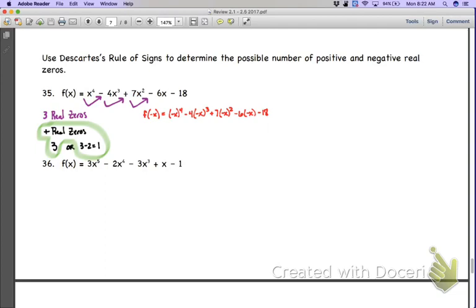Okay, so whenever I do that, negative x to the 4th power, nothing's going to change, because a negative to the even power is still positive, right? So now, if I have a negative and a negative, it's going to be positive 4x to the 3rd.